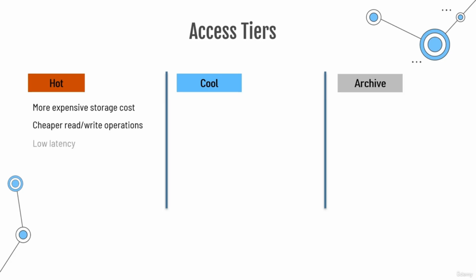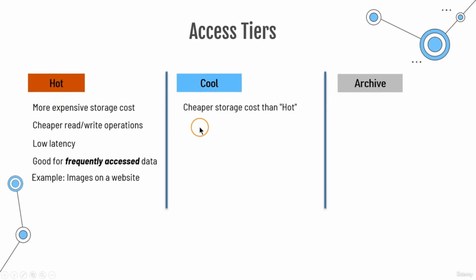This also has a very low latency, very high availability, and therefore it is in general good and most cost effective for frequently accessed data. Examples can be that we have a document that needs to be accessed very frequently, or some images on a website that has thousands of accesses per day. In this case, the hot access tier would be the best one.